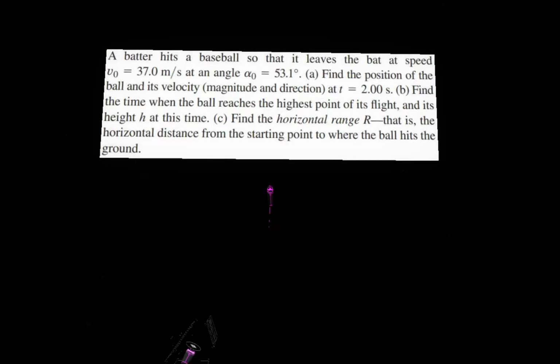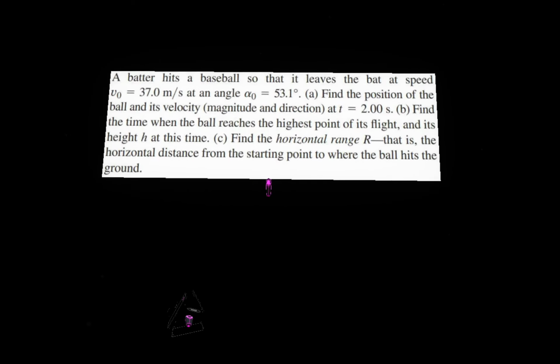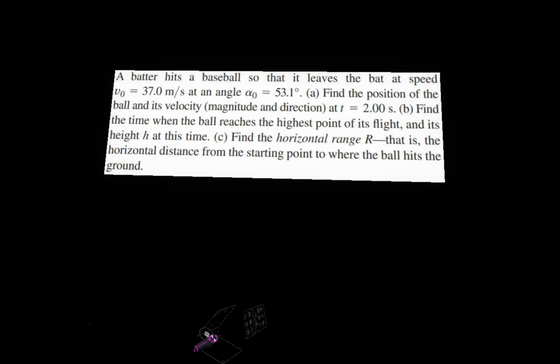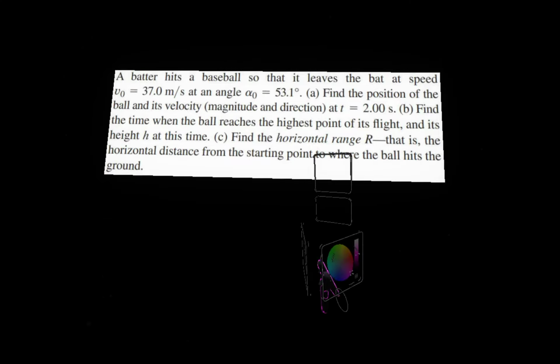So a batter hits a baseball so that it leaves the bat at speed. Speed has to do with velocity, but it's only the magnitude of velocity, not the direction, but rest assured we will be given the direction as well, so that we can figure out the rest of this problem.